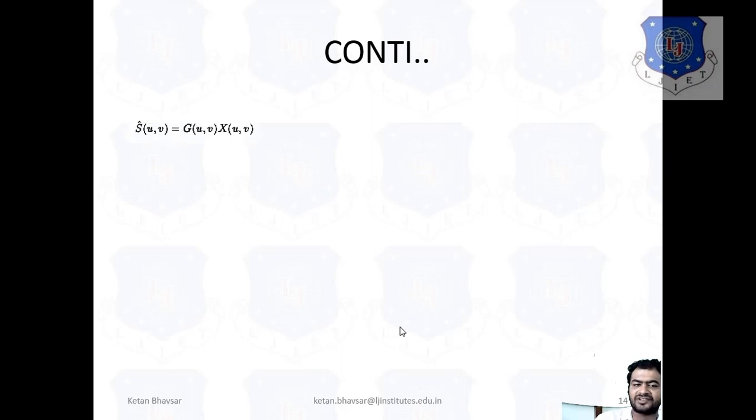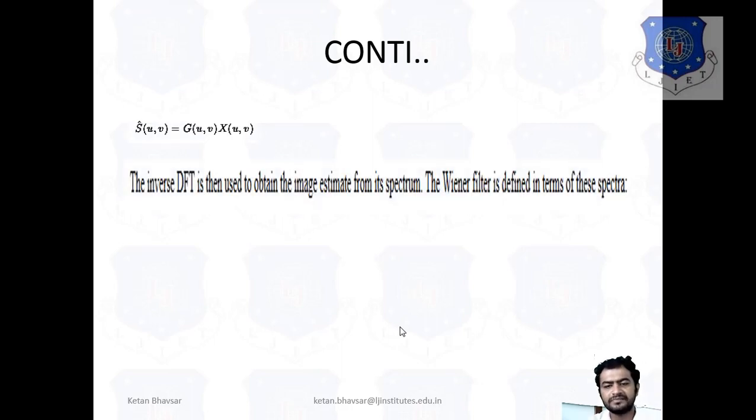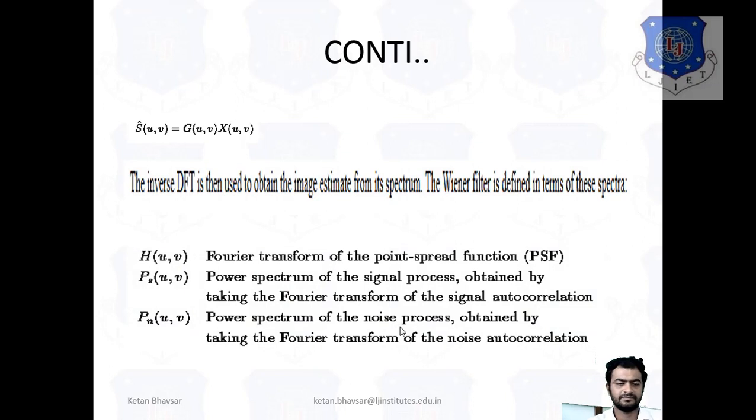Here, h of u comma v is the Fourier transform of the point spread function. P of s u comma v is the power spectrum of the signal, obtained by taking the Fourier transformation, and also the autocorrelation function P of n u comma v.